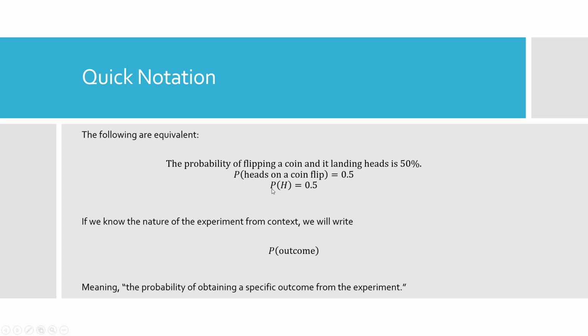For instance, if you just wrote PH, the way we've written it here, I would understand that to be the probability of getting heads on a coin flip. If that's not obvious to you or to me or to someone you're writing to, you would write P heads on a coin flip. Or you would write in words the probability of flipping a coin and it landing on heads. Those are all saying the same thing, just one uses more words and another uses more symbols.